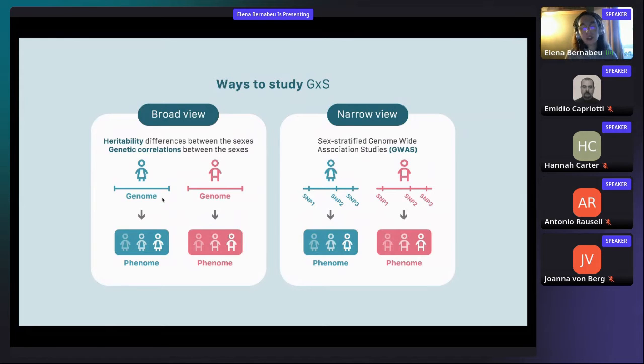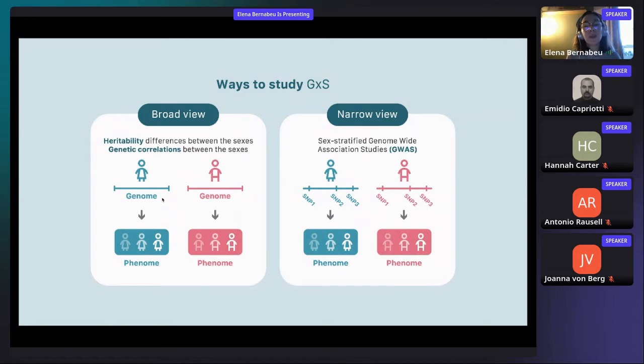So a genetic correlation that is close to 1 would, like a normal correlation, indicate a level of high common genetic control, whilst a genetic correlation of 0 would indicate no common genetic control. So a genetic correlation that's significantly different from 1 would then indicate that there is a certain level of heterogeneity in the genetic control of a given phenotype between males and females.